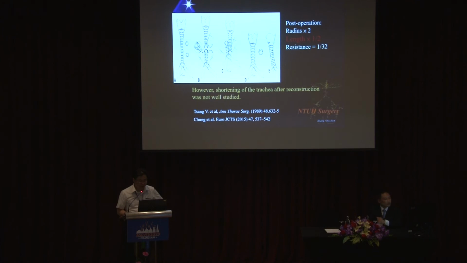By dividing the trachea obliquely and performing the anastomosis, it creates a new diameter two times the previous one and shortens the length by half, and theoretically the resistance will be 1/32. The completed trachea is healed by the native endothelium, so it is the most common procedure provided.